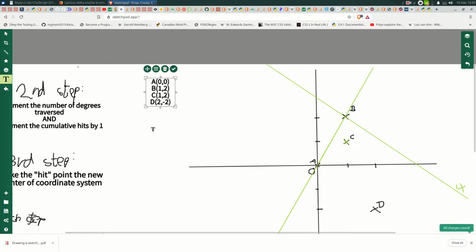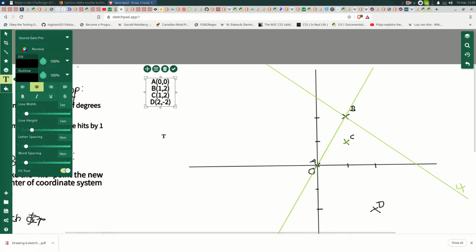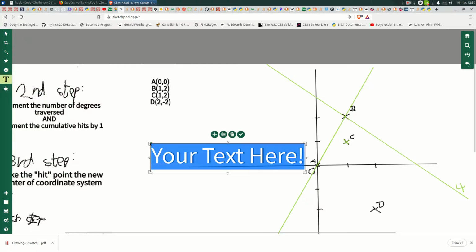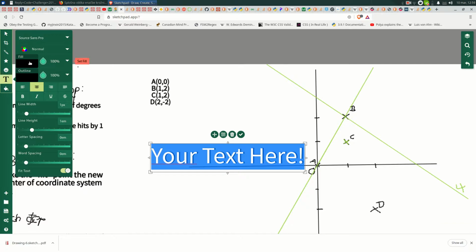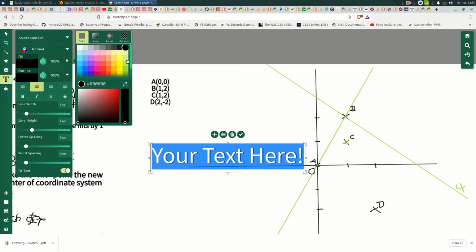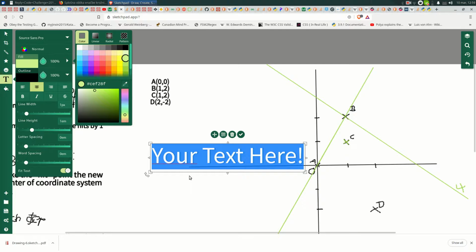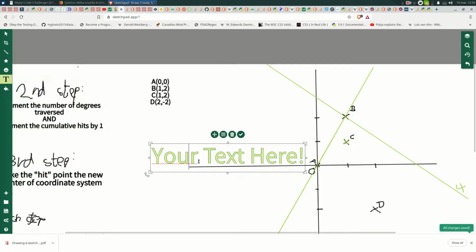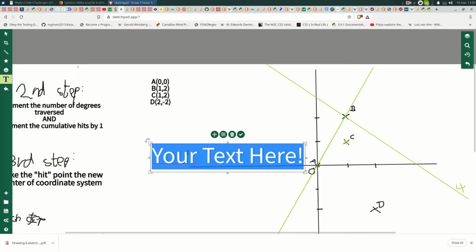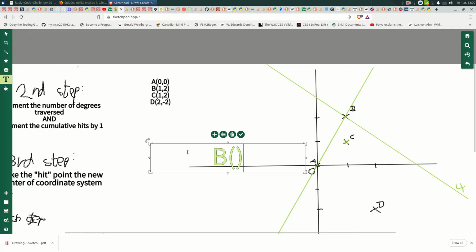But now the things shall be different. Now we shall start with B point, which will be 0 0. Now B point is 0 0.